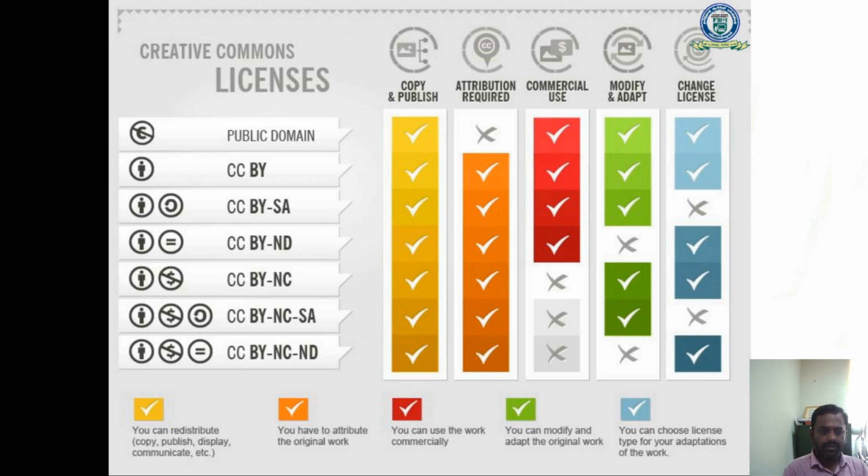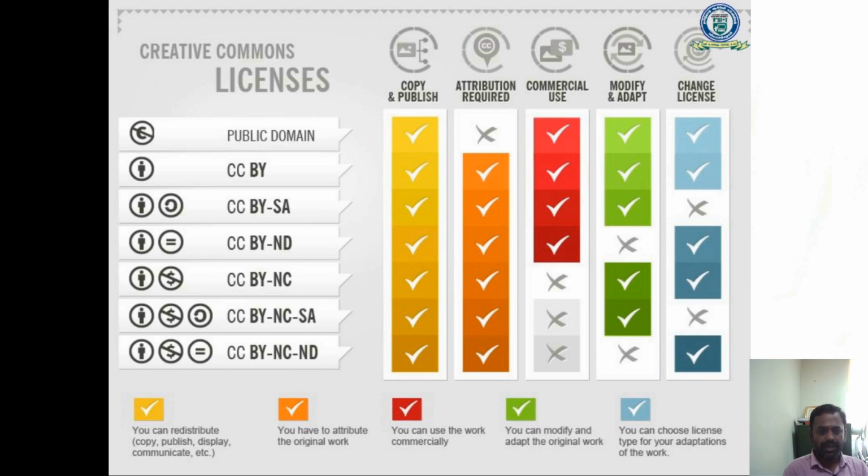Whereas in case of CC BY NC, you cannot use the open resources for commercial purposes, whereas you can copy it and publish, attribute, you can modify it and you can change the license of it. While considering CC BY NC SA, you cannot use it commercially and you should share as it is. There should not be any change in licenses.